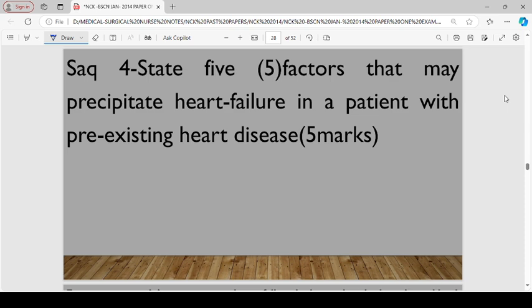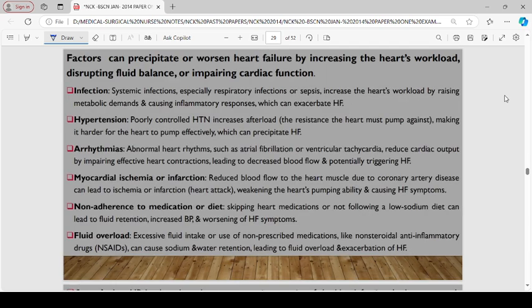Number four is stating factors that may precipitate heart failure in patients with a pre-existing heart condition. We have factors that can precipitate or worsen heart failure by either increasing the heart's workload, disrupting fluid balance, or impairing cardiac function.